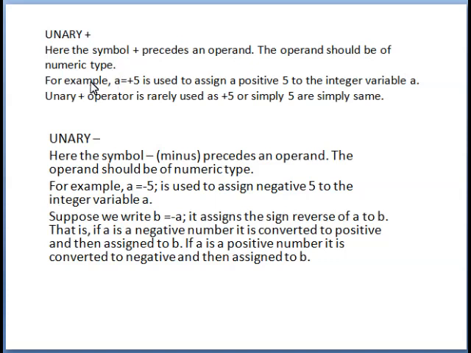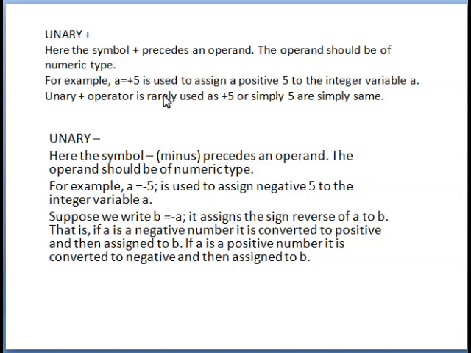Okay. For example, a equal to plus 5. So this plus is called as a unary plus operator. A equal to plus 5 is used to assign a positive 5 to the integer variable a.